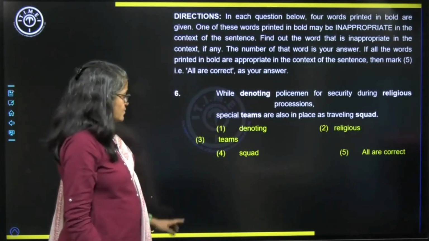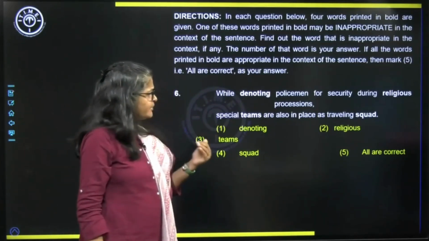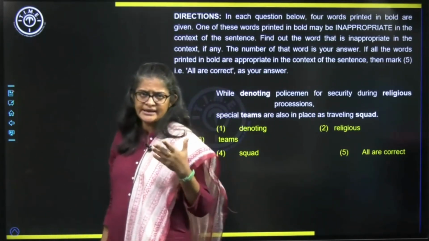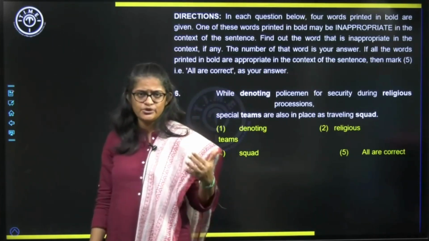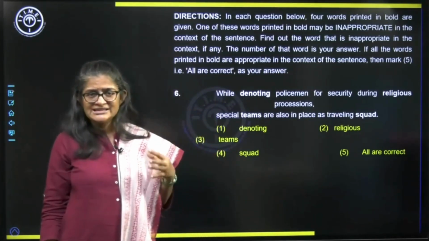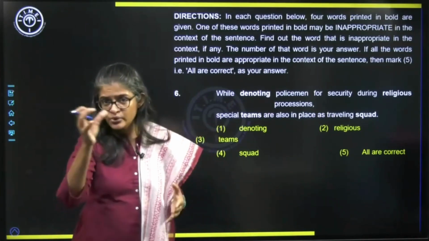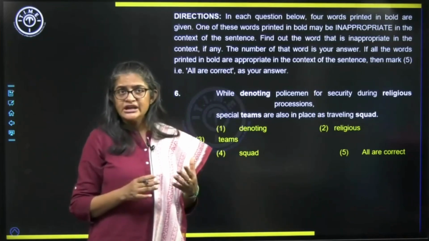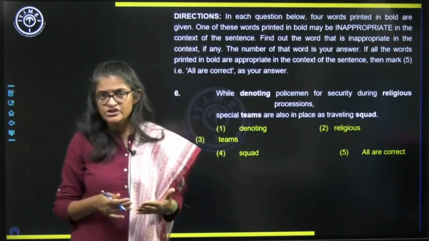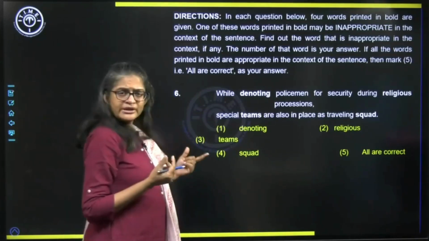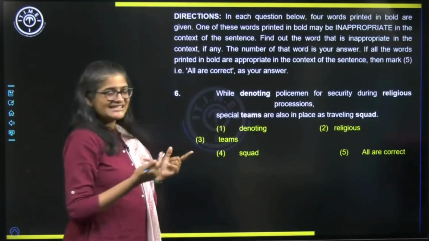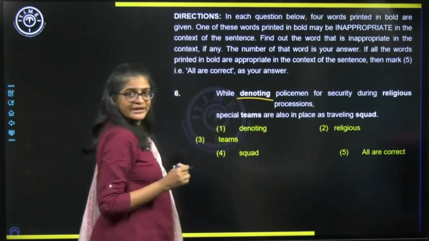So, while denoting policemen, denotation, I have said this in a previous video, denotation is the meaning of something. This word denotes means it means. It can also refer to the definition of something. While denoting policemen does not make any sense. What could it be instead of this?